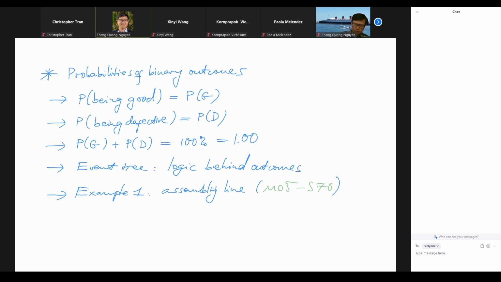And the second example is the medication inspection. And this is module 5, slide 72.